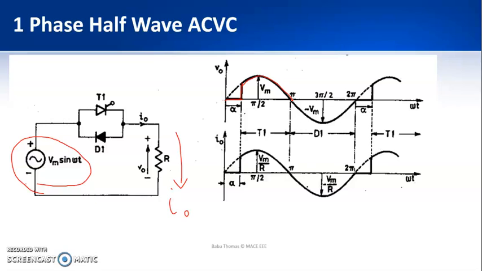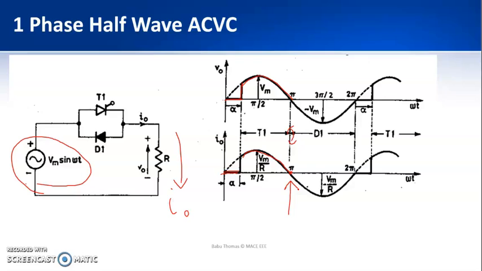At angle pi, what happens? Thyristor T1 is reverse biased, and since it is a resistive load, the current follows the same sequence as your voltage. So current has also reached 0, therefore thyristor T1 is commutated. Now at pi, diode D1 is already forward biased and therefore it starts conducting.